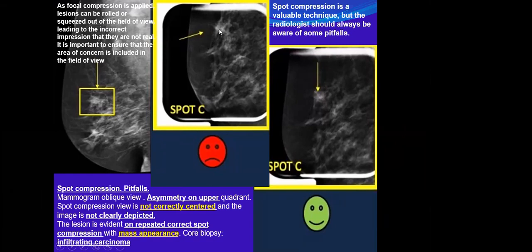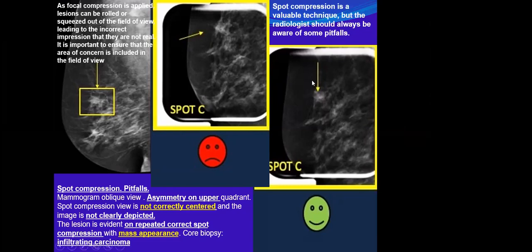You see, look here, this is at the periphery. It might even be slipped away. It might not be seen even in the field of view, and might give you just the impression there is no asymmetry here. And you might report it as having spread away. So we have to be sure that the area of concern is included in the spot compression, and it really spreads away, and there is no real lesion.